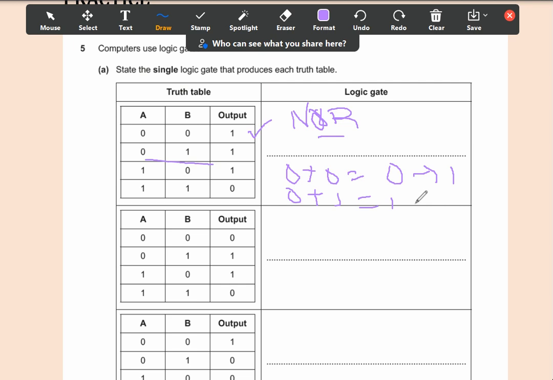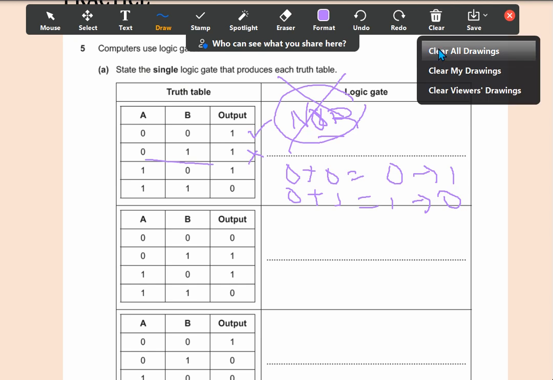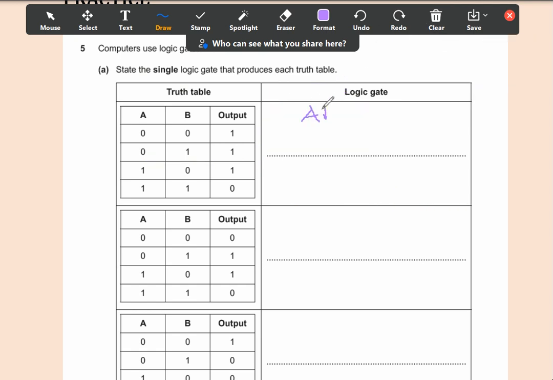It's equal to 1. It must have 0 for the output for the NOR gate. However, it says 1 here. So therefore, it is also not a NOR gate. Okay. How about the AND gate? For the AND gate, just get the products. So we have 0 times 0, that's 0. It says 1 here, so therefore, clearly not an AND gate.